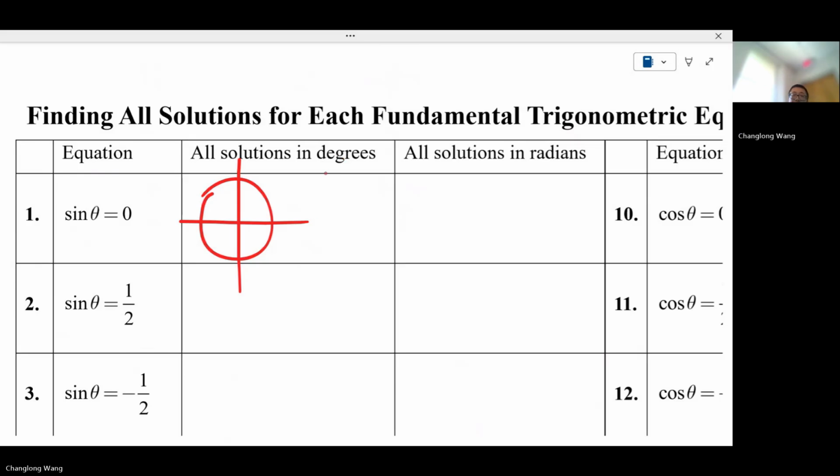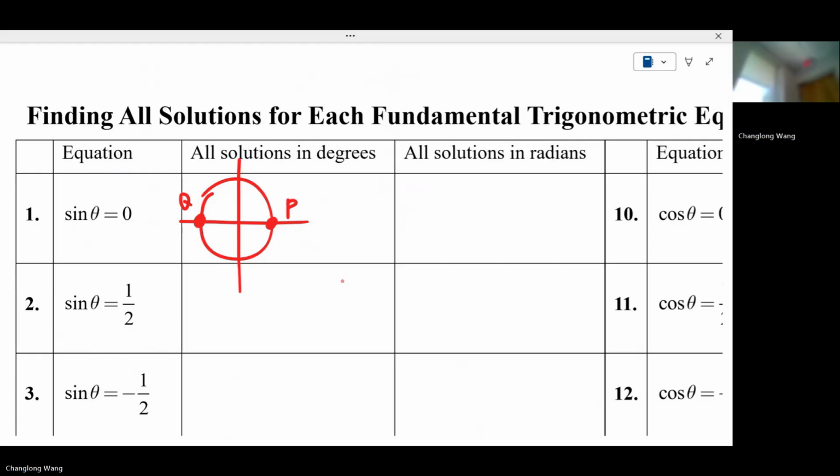Tell us. But you have to tell me why the angle has to be 0 or 180 degrees to start with. This direction, and if the y is at 0, then it's at 0. So, thank you.